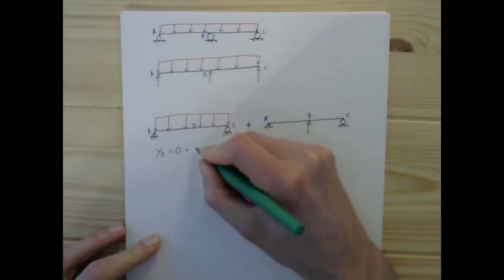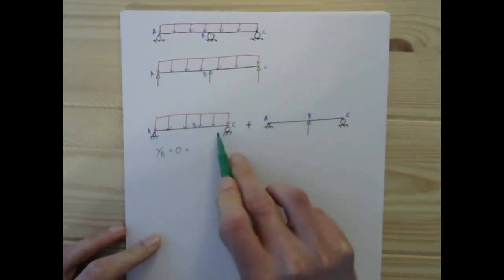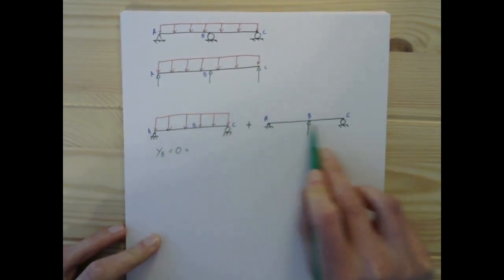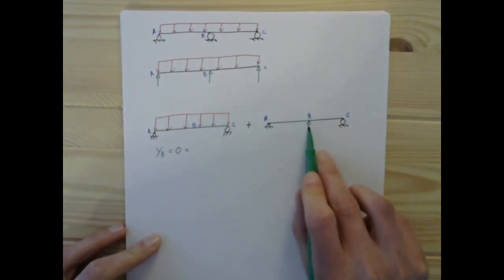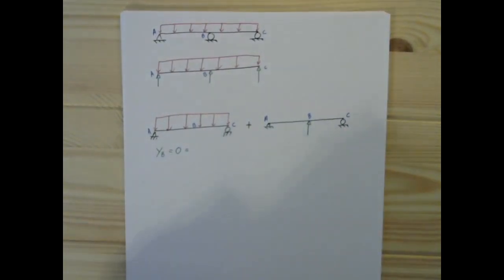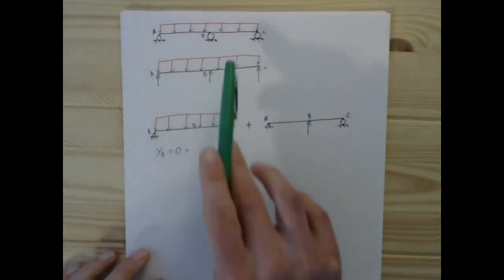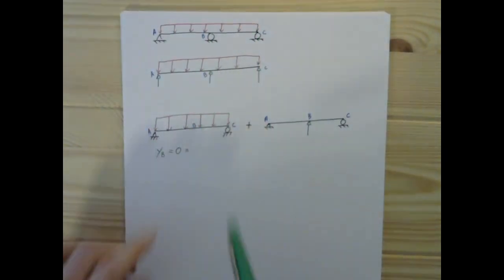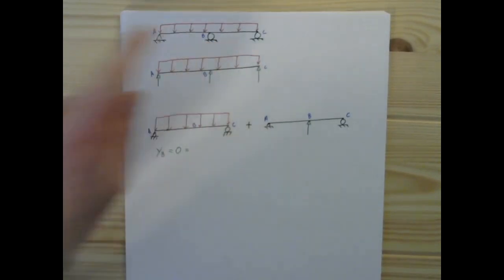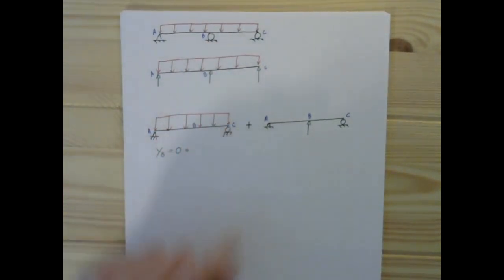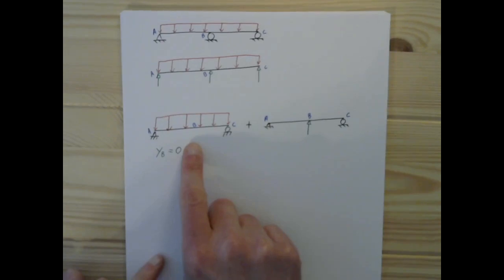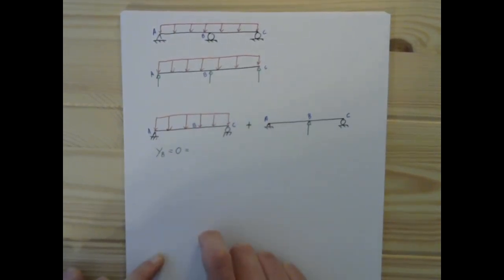And that's going to be equal to the deflection of this one at B plus the deflection of this beam at B. Right, so effectively what we're doing is we've got this problem, we're going to ignore this reaction at B. We're just going to look at what happens there, and then we're just going to take a load and just sort of shove B back up to where it was at the start. Just going to push it right back up till there's no deformation there at all.